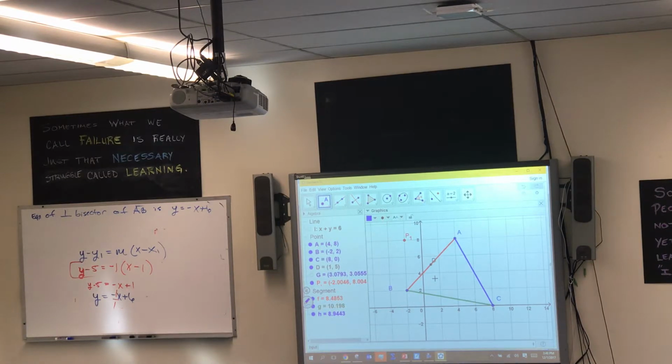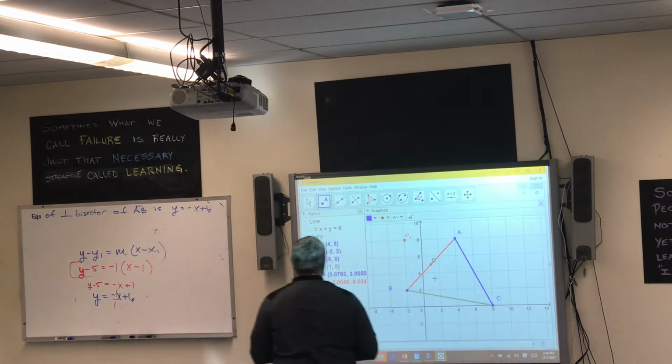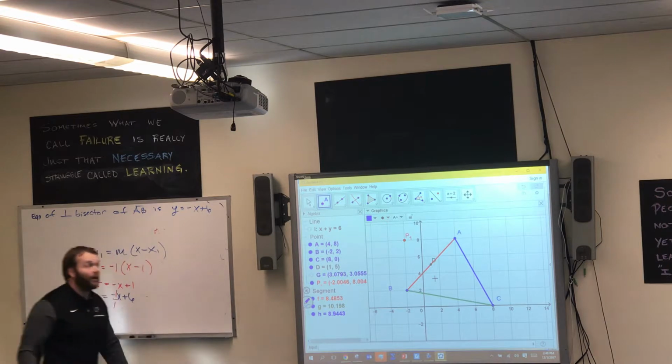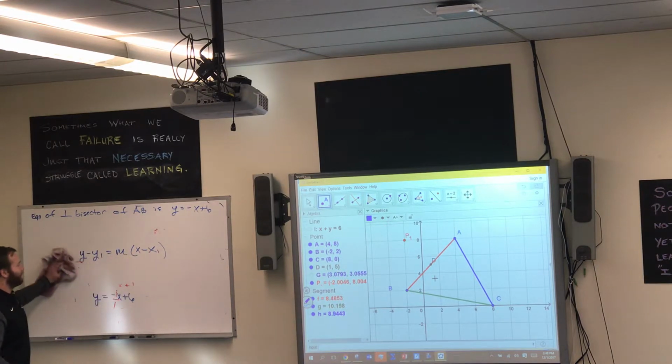Once you've drawn something in there, don't erase it. But I'm going to erase that perpendicular bisector, and now we're going to focus on the blue line segment AC, and I want you to find the midpoint of AC. I want you to find the slope of AC. Then I want you to find the slope of the line perpendicular to AC. And at that stage, we should be able to come back together and plug in all the information into this formula here. Okay? So do that.